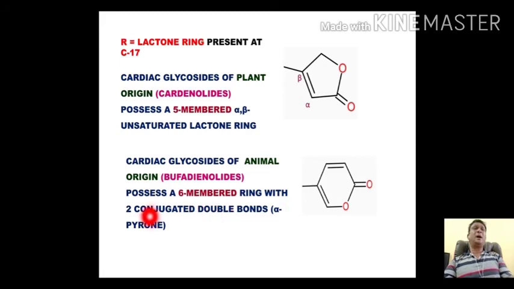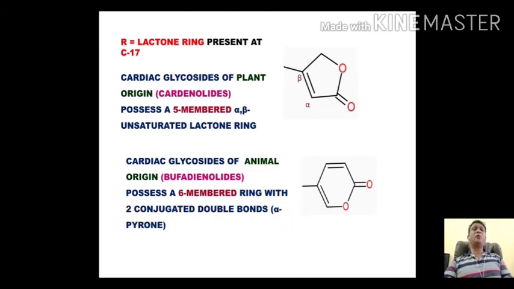Now the cardiac glycosides of animal origin are called bufadienolides, and they possess a 6-membered lactone ring with 2 conjugated double bonds, and this structure is referred to as alpha pyrone.